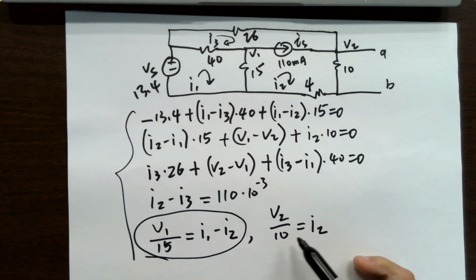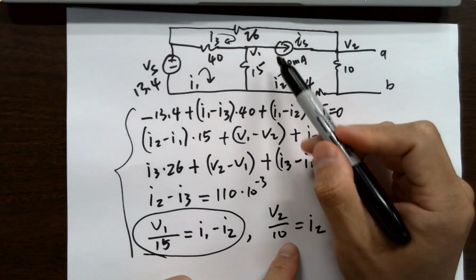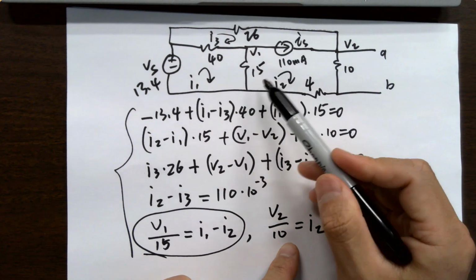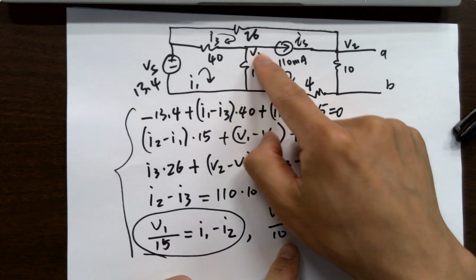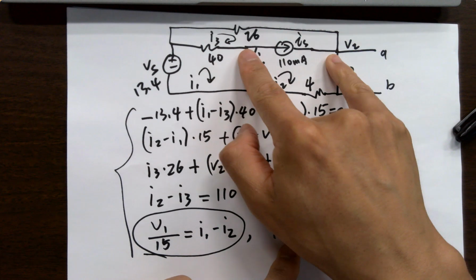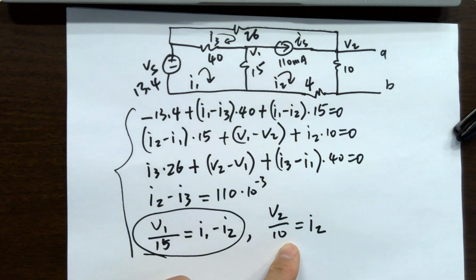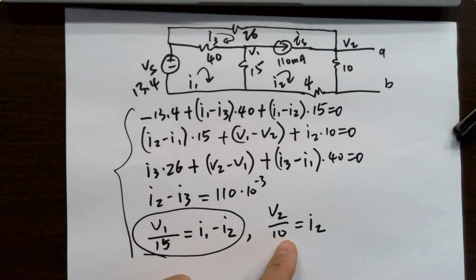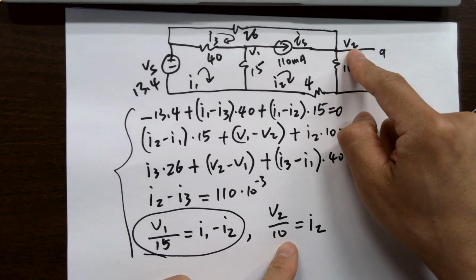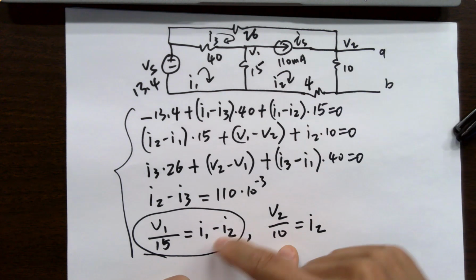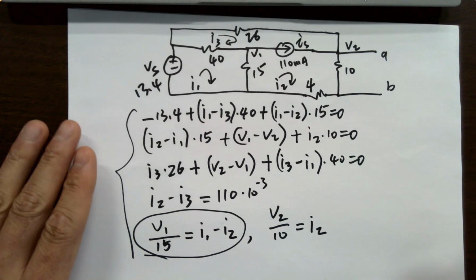But we haven't addressed anything here with V2, because when we come to the second mesh, we go through these two currents with this guy, and then we got this voltage, then we directly used I2 times 10. Oh yeah, I2 times 10, but we didn't do anything with V2. Same to this one actually. That's not a problem though. We can definitely solve for that one.